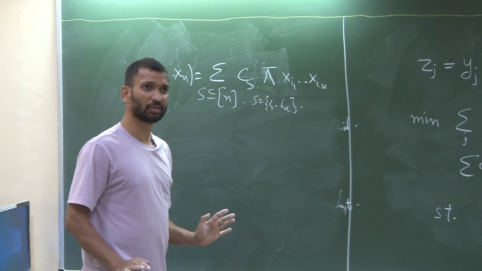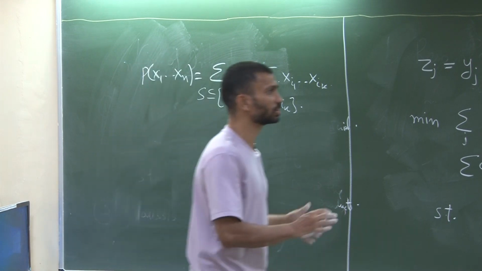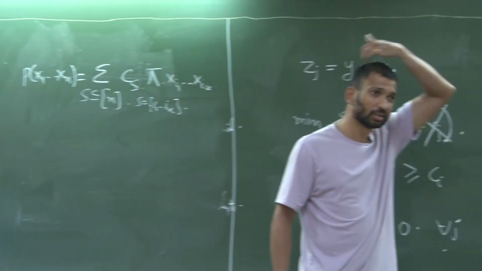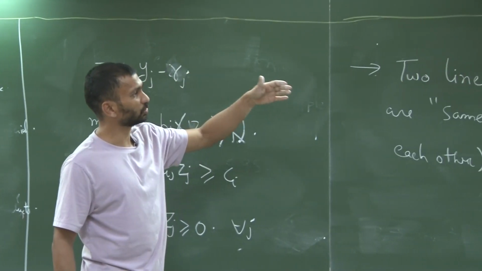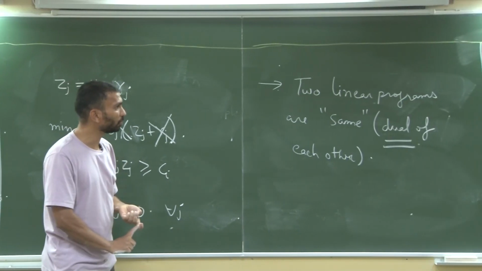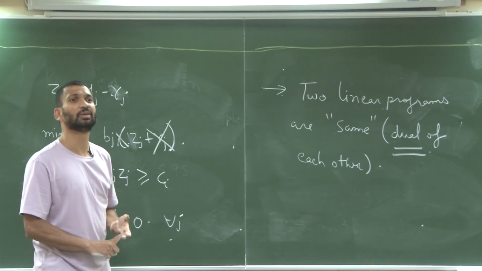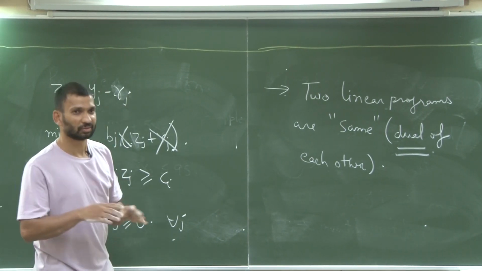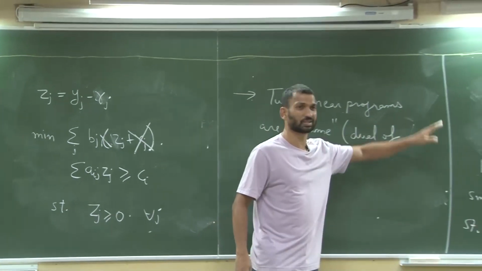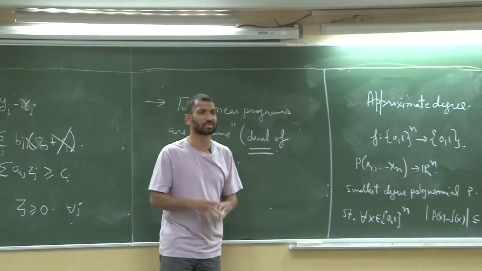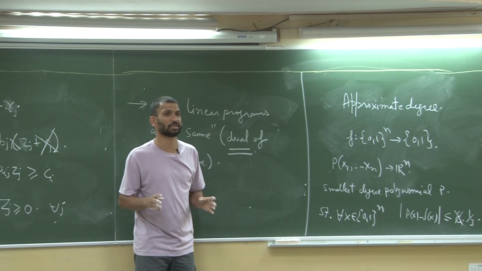Right? Is this point clear to you? This is just to emphasize what we are doing, right? And just to tell you, this has applications in circuit lower bounds, secret sharing schemes, learning theory, quantum computing, there are surveys about this approximate degree, and it has applications in many areas in theoretical computer science.